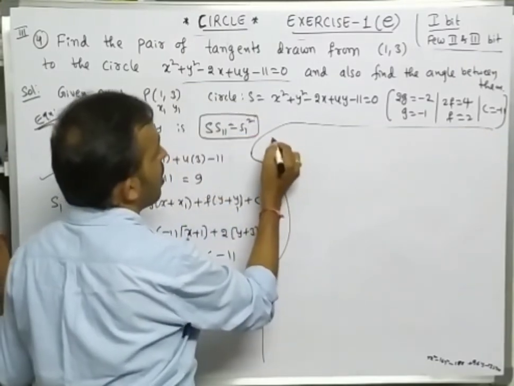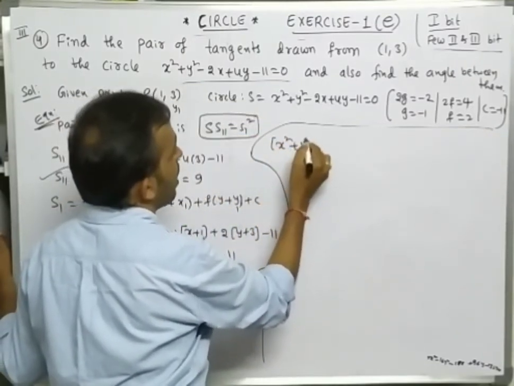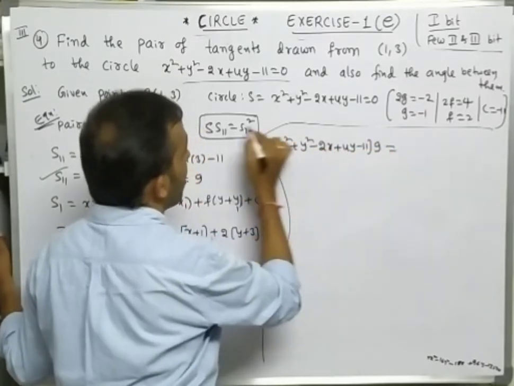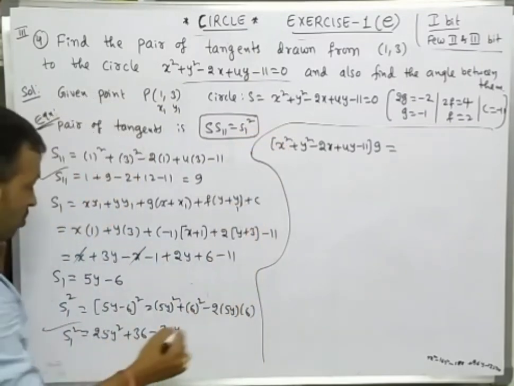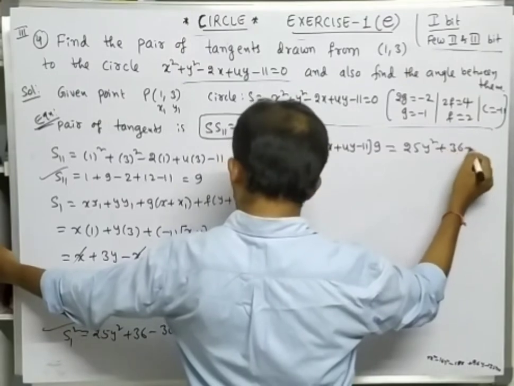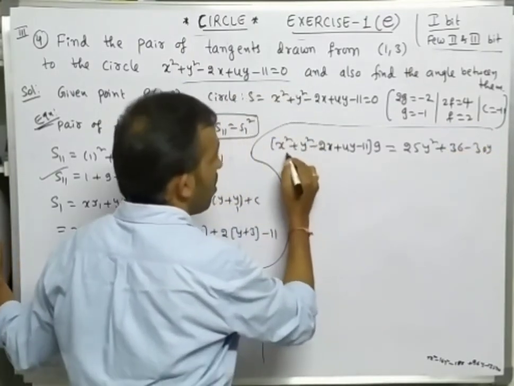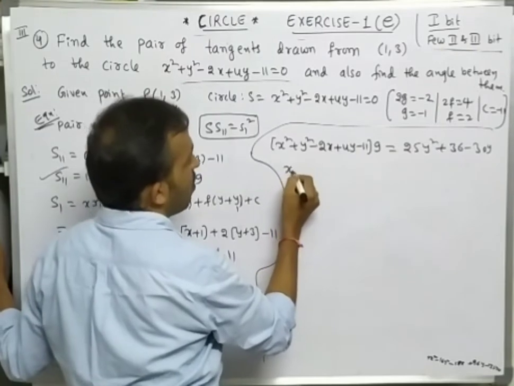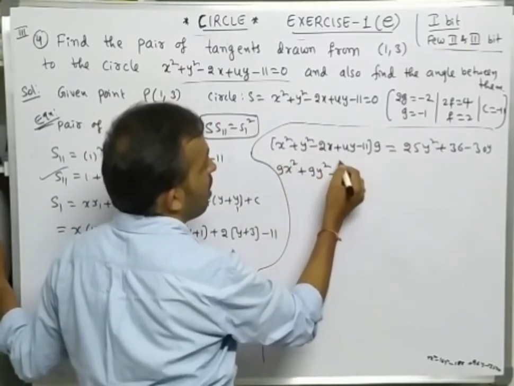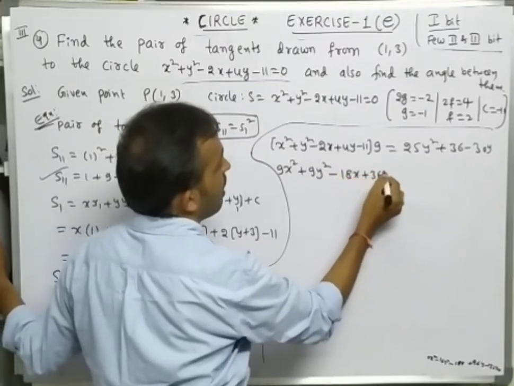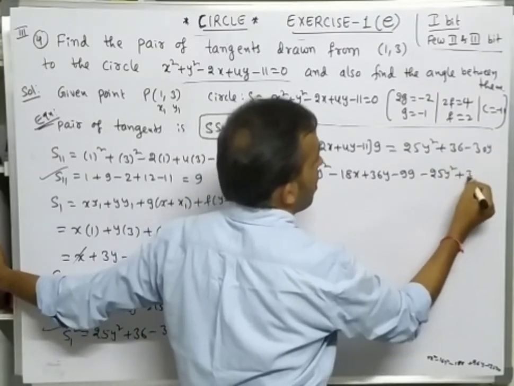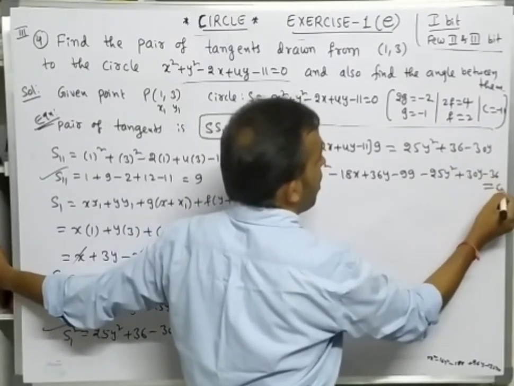Okay, yes, what is S? x square plus y square minus 2x plus 4y minus 11, into 9, S11 is 9. S1 square is 25y square plus 36 minus 60y. Okay, bring all those terms to the left side, you will get 9x square plus 9y square minus 18x plus 36y minus 99 minus 25y square plus 60y minus 36 is equal to 0.